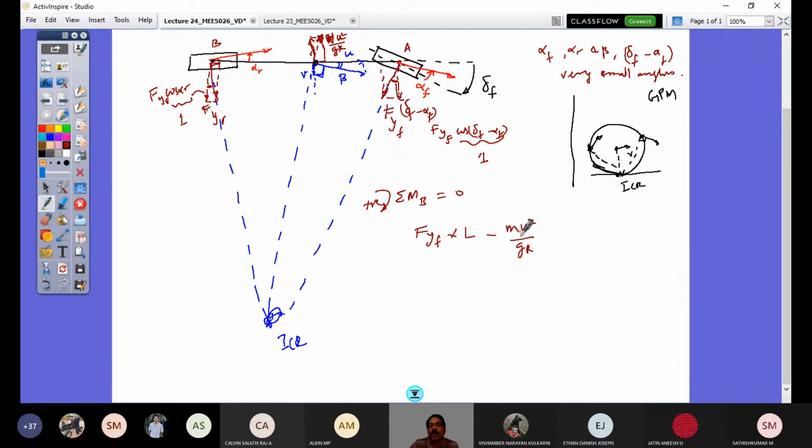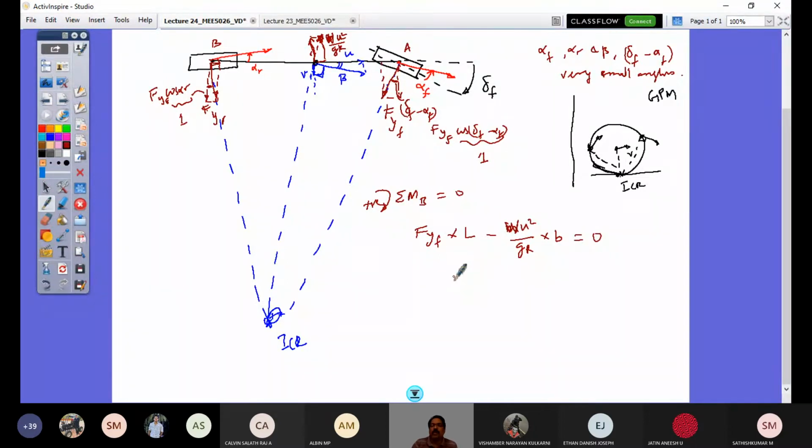So this is W, W U squared by g R into this distance, which is b, the wheelbase b. Yes, that's correct, into b. So it is equal to 0.